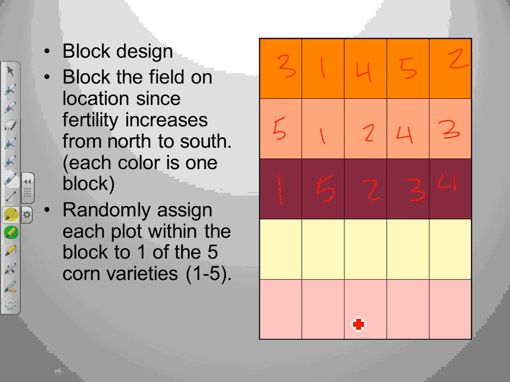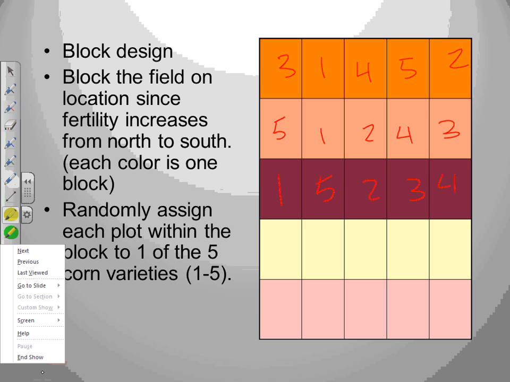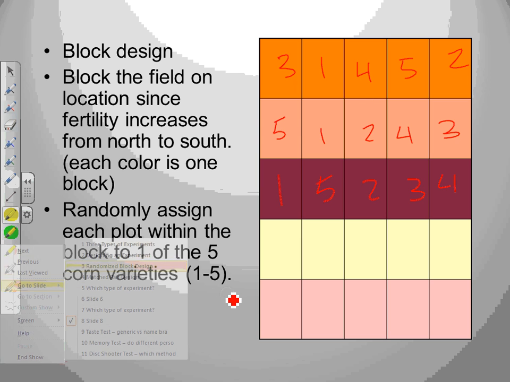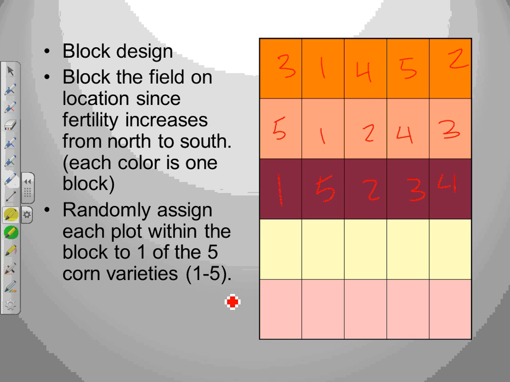And probably what you want to do, instead of making it random, you could almost match pair it and go like 1, 1, 1, 1, 1, and then 2, 2, 2. That way everything is in order left to right and then north to south. That would give you even more comparisons. You would block it not only by north to south, but also east and west. So that's the idea with block.